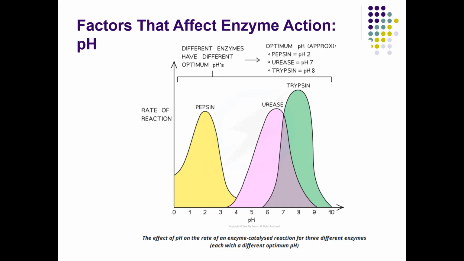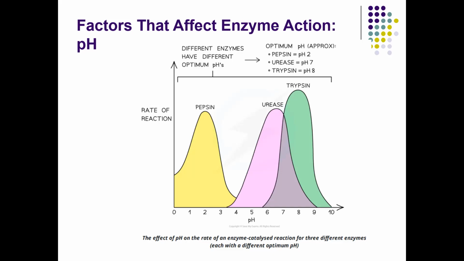A buffer solution is prepared beforehand, and each buffer has a particular pH. The buffer can maintain the pH of the system at a constant pH depending on the buffer.